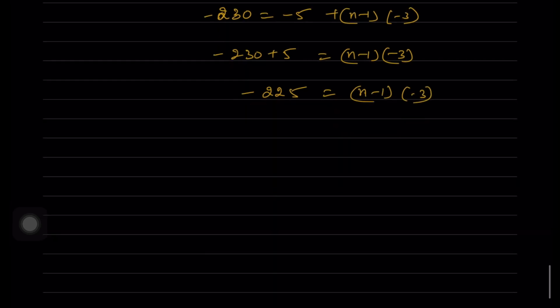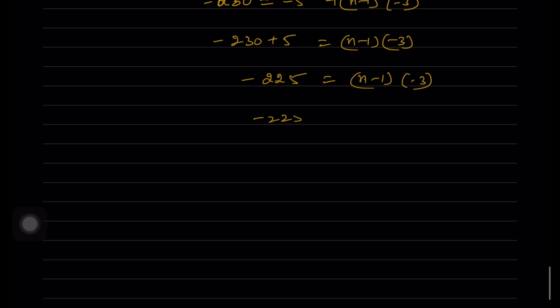So dividing by minus 3 on both sides, you get minus 225 divided by minus 3 is equal to n minus 1.